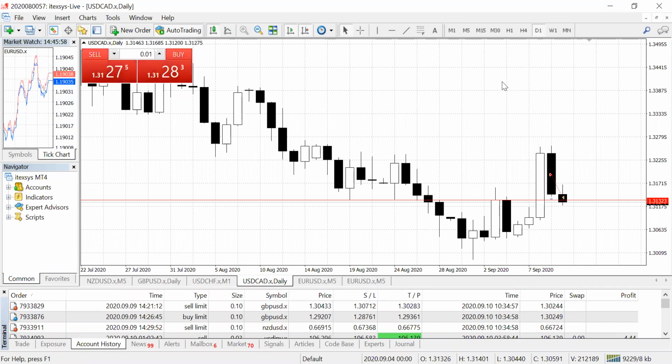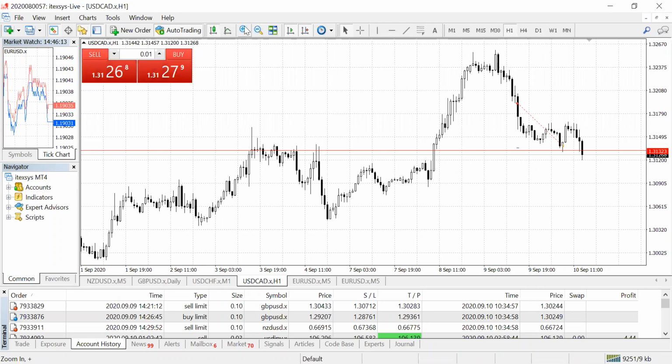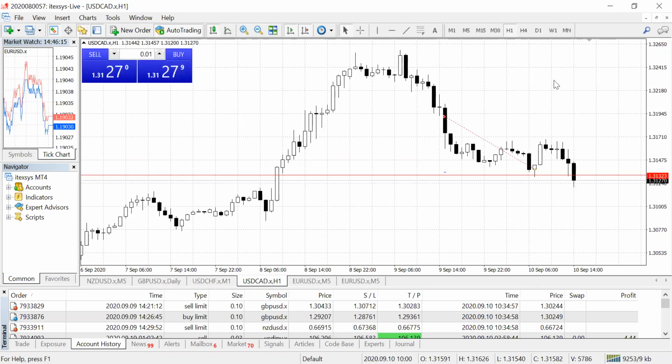I can tell you, same thing I just showed you on the 1 minute chart, you can look for in the hourly chart. Look for demand areas and supply areas on the hourly chart or 4-hour chart, and take those trades.